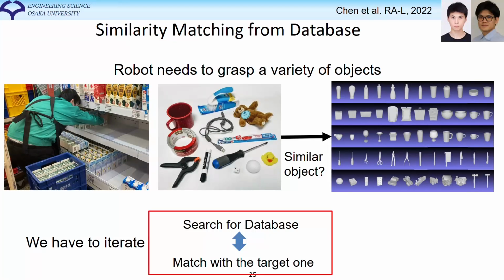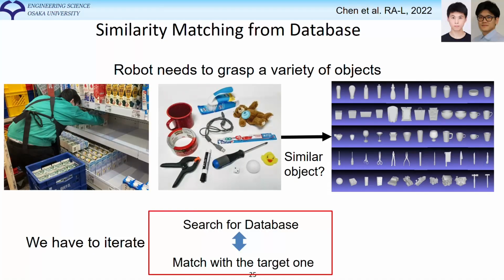Through this research, we propose a method called similarity matching. This slide shows an example of a service retailer. A service retailer has to deal with thousands of items every day. For a robot to deal with such thousands of items, we need a database of items.